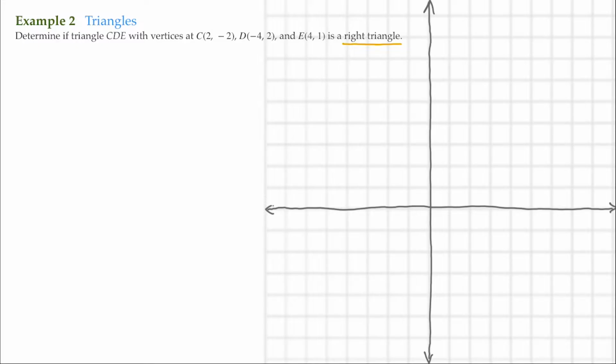I'm just going to go ahead and plot these vertices, these points, and then draw the triangle. So we have point C at (2, -2): 1, 2. So here's point C. Here's point D, vertex D, at (-4, 2): 1, 2, 3, 4, and 1, 2.